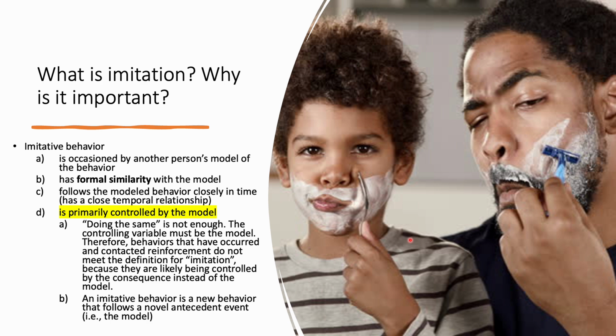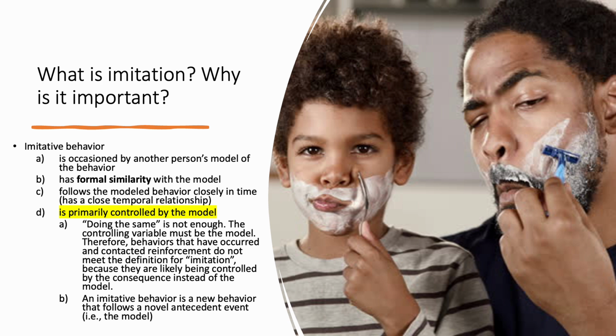But if Johnny sees his dad put a dish in the dishwasher for the very first time, and let's say he's never copied that behavior, if he puts the dish in the dishwasher right after him, then that would qualify as imitative behavior because it's the model that's controlling the behavior.